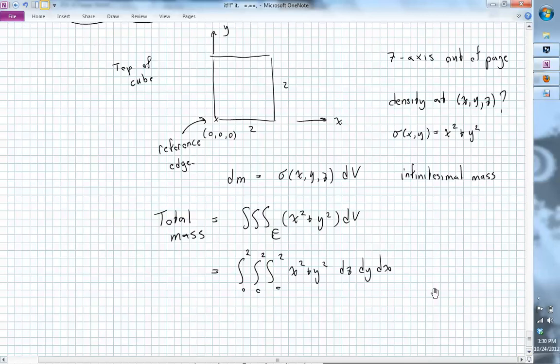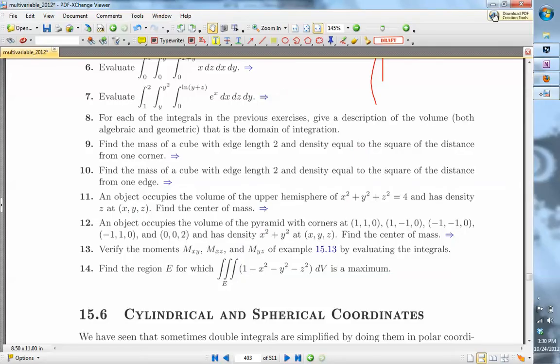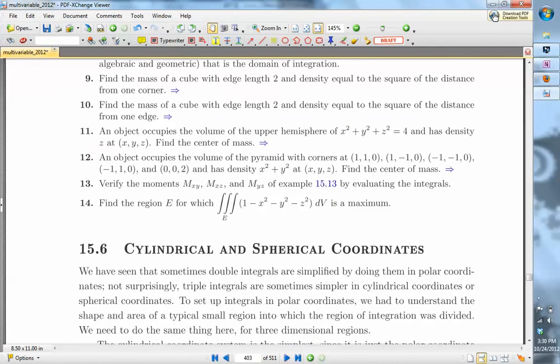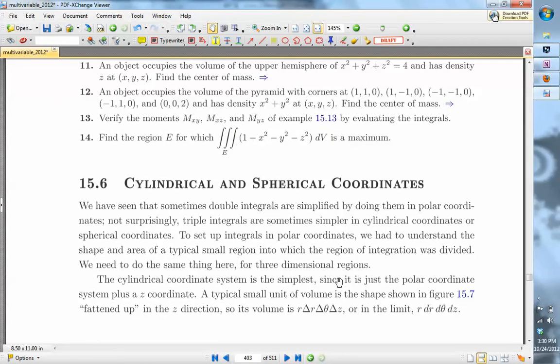Okay. I'm going to finish with one last problem that's sort of more of a thought experiment than it is a math problem, but I like it. 14. Find the region E for which this triple integral is a maximum. This is a bizarre kind of problem, right?